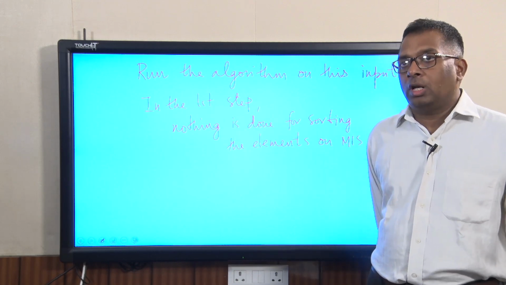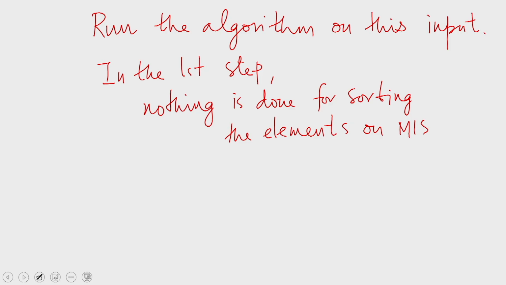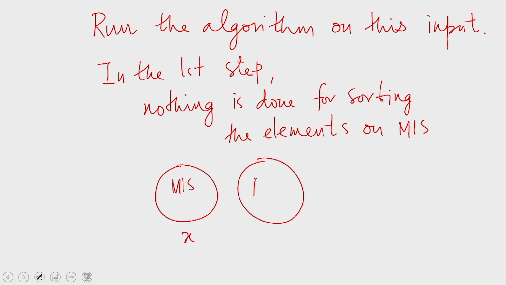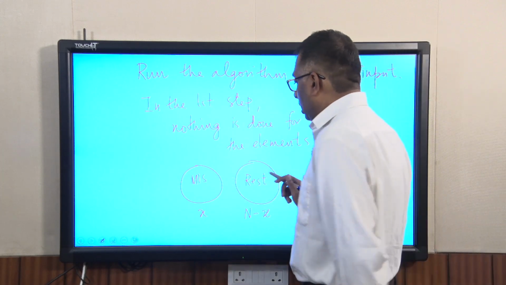The other comparisons that are being performed will be between these x elements and the rest. So, here we have a maximal independent set of size x, and here we have the rest of the vertices which are n minus x in number, and then all the edges in the graph are either within the rest or between the maximal independent set and the rest.